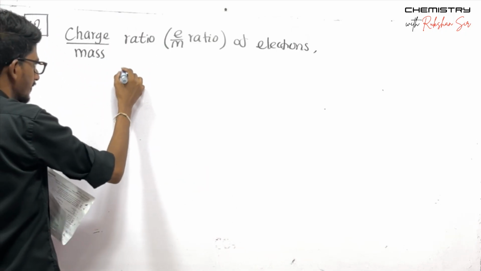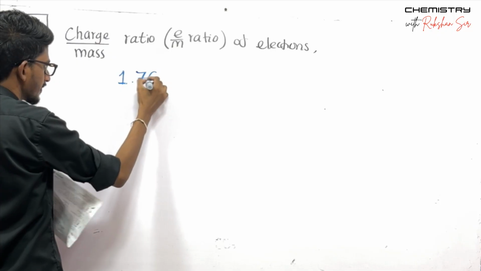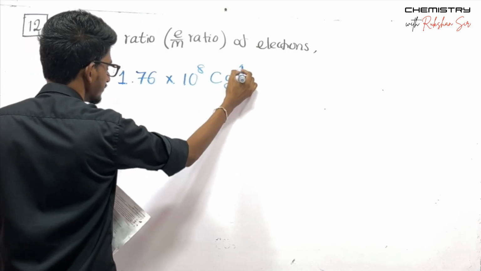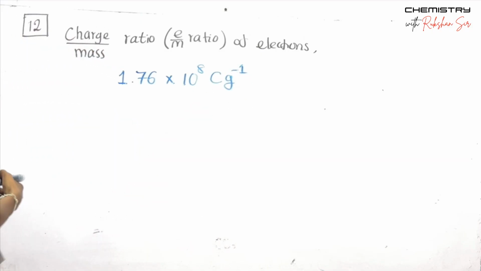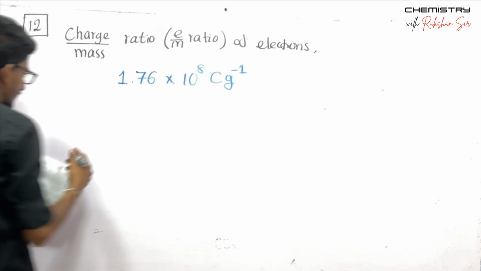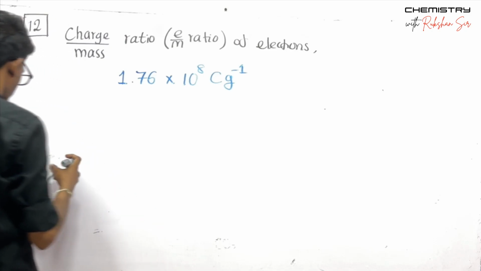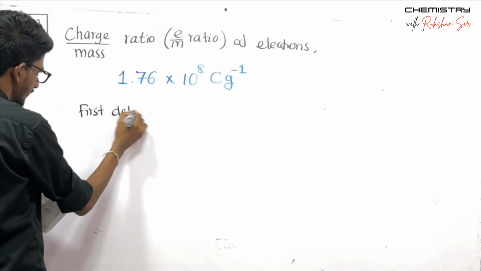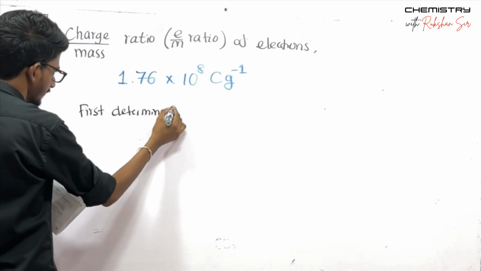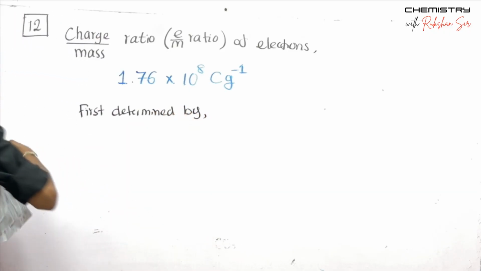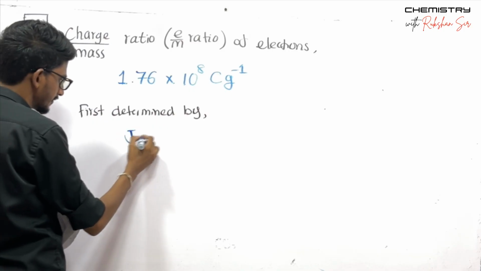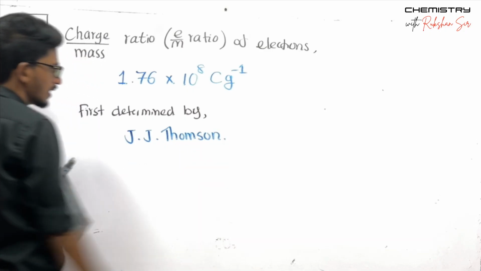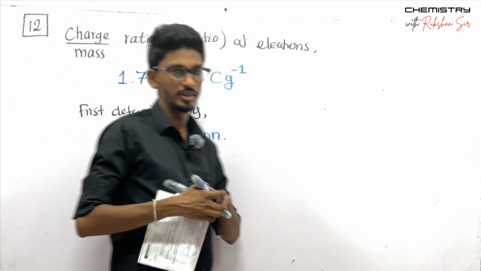That value is 1.76 into 10 power 8 coulombs per gram. That was actually first determined by J.J. Thomson with use of deviation angles of those cathode rays.